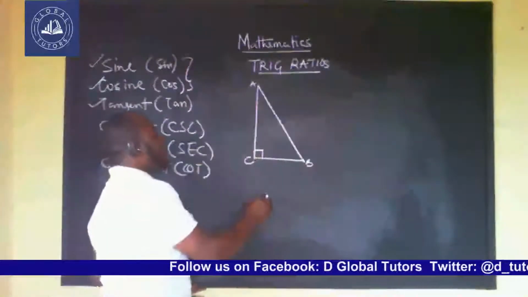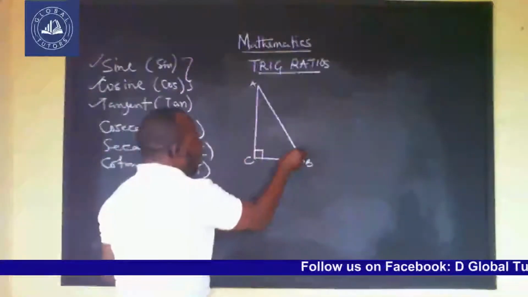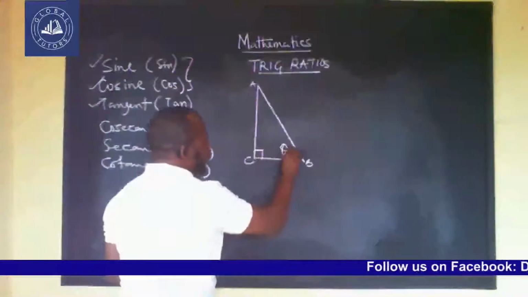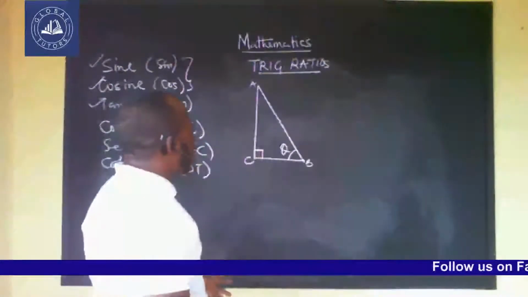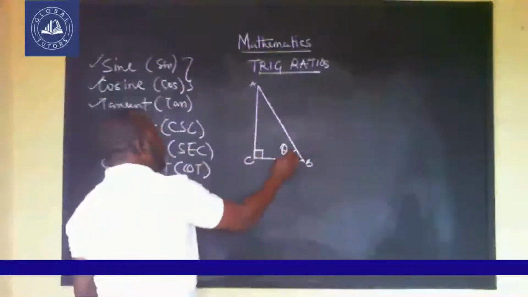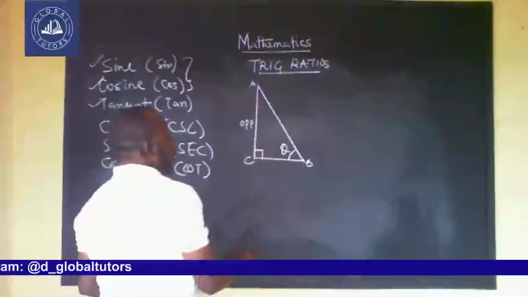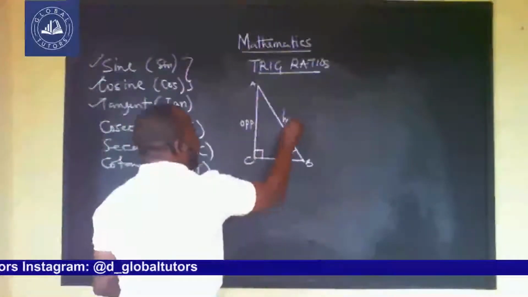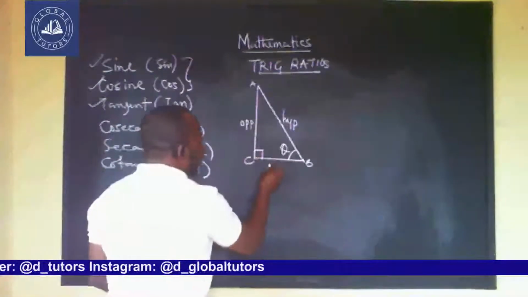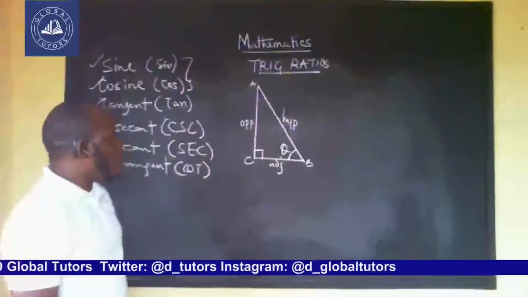Now, if this is a right angle triangle A, B, C, and we are considering this angle as theta, we can label the sides of the triangle as the side facing this theta as opposite, the longest side as hypotenuse, then this other side would be adjacent. I'll come again.